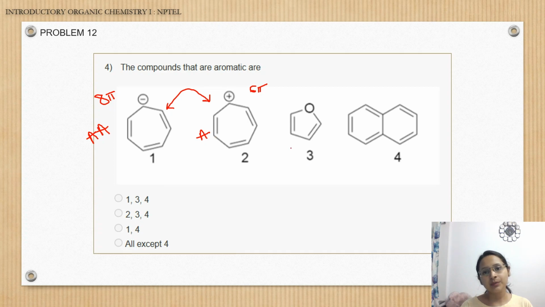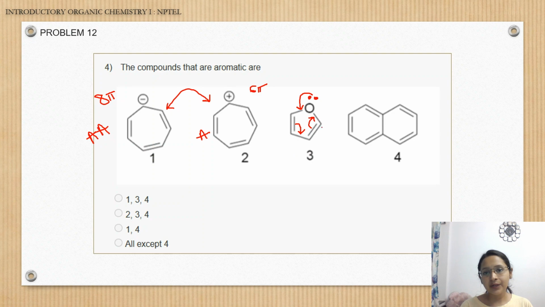So now coming to option number 3, is it aromatic or anti-aromatic? Aromatic. How? Because now you have to consider the lone pair of electrons that is present on this oxygen as well. It is in conjugation, right? So if it is in conjugation, then it also counts in the number of pi electrons.